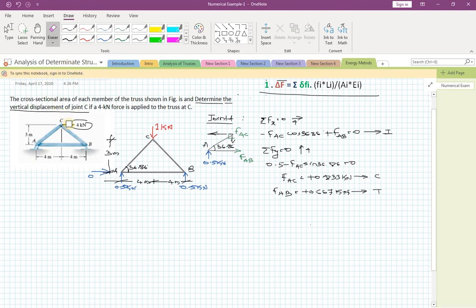this truss, that is the actual truss with the 4 kilonewton horizontal load. I have analyzed the truss with the 1 kilonewton downward load at point C. Now let me analyze the actual truss with the actual force of 4 kilonewton. When I do that, I will get the reactions like this. This reaction I will get as downwards of 1.5 kilonewtons, and this as upwards of 1.5 kilonewtons.